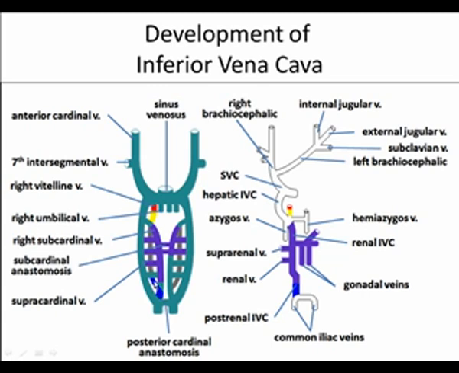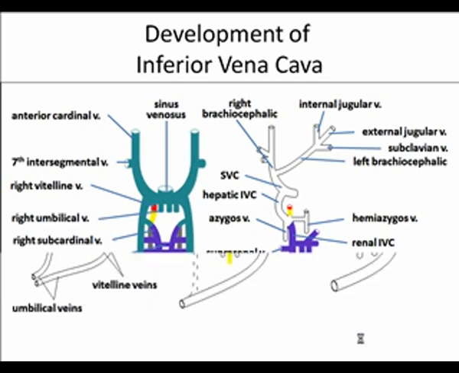So we have three different ideas about how this portion forms, and we can just say that it's the distal supracardinal vein or the posterior cardinal anastomoses that help form this distal portion of the inferior vena cava. In addition, the posterior cardinal anastomosis is also going to give rise to the common iliac vein.